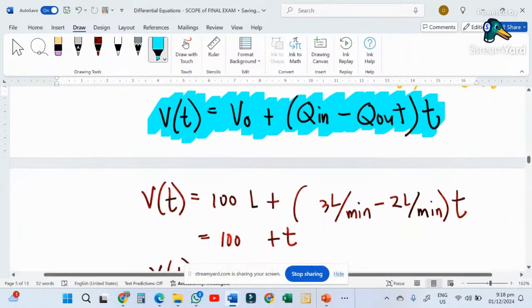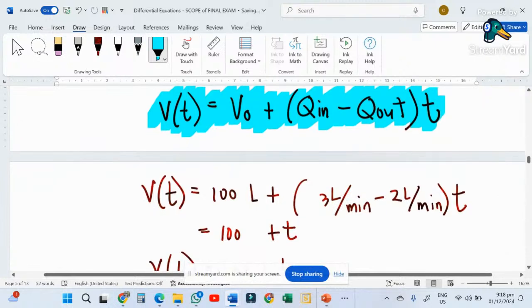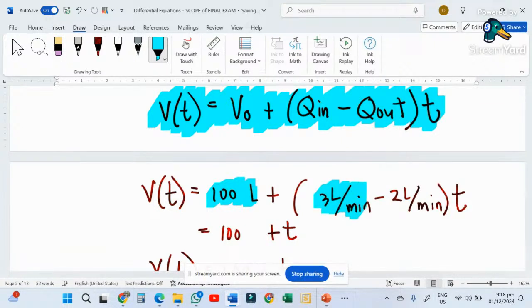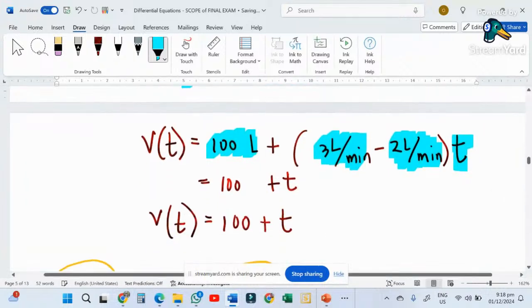If we substitute the values, our V0 is 100 liters, that is the initial value in the problem, plus Q in, how fast the brine is getting into the container, that is 3 liters per minute, minus the discharge outflow, 2 liters per minute, times the variable t. Let's investigate the units.